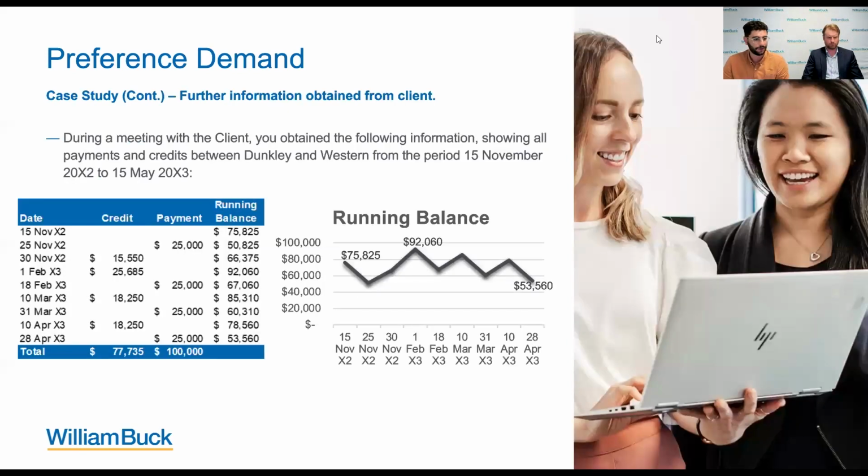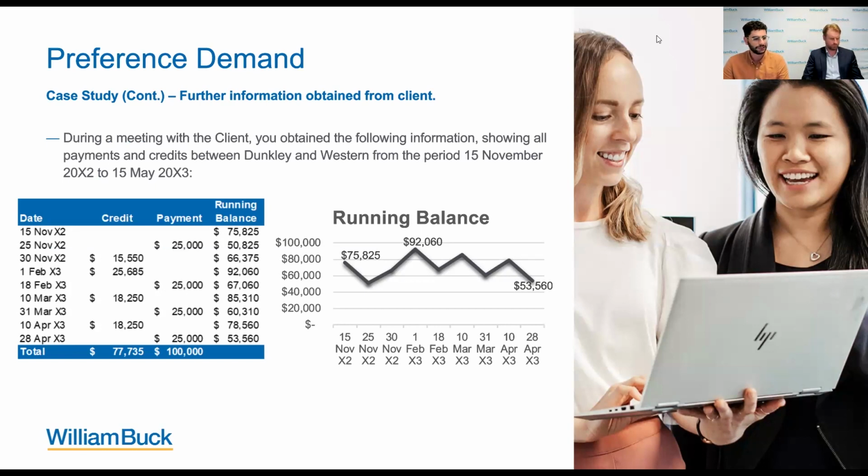The way that works, you'll see here, is that there was a meeting between yourself and the client, and you obtained some further information showing all of the payments that were made between Dunkley and Weston between the 15th of November in year 2 and the 15th of May in year 3.